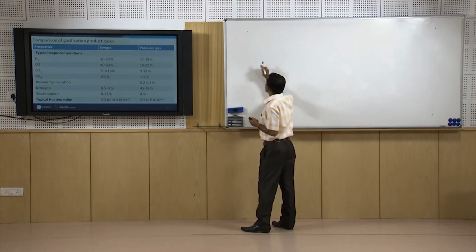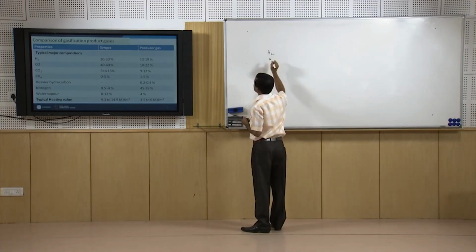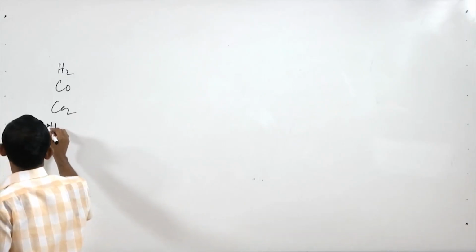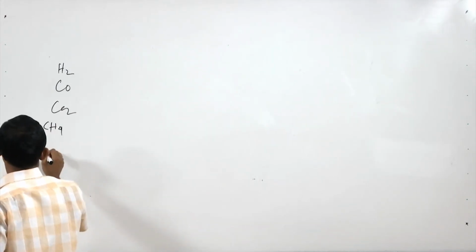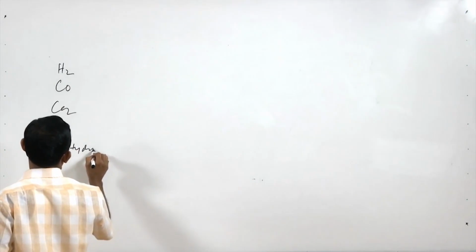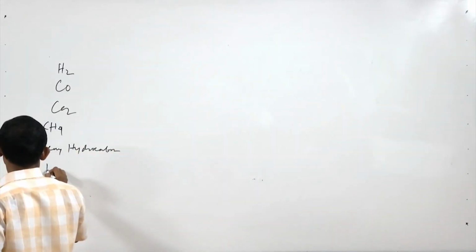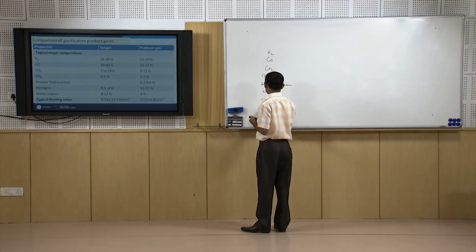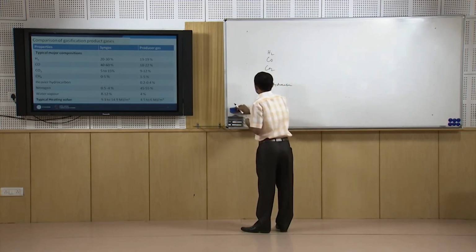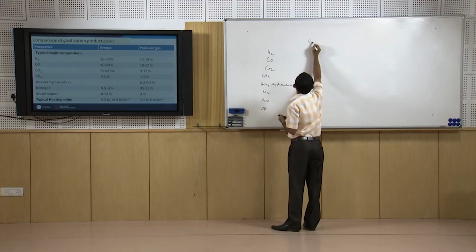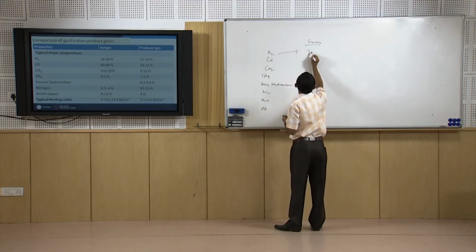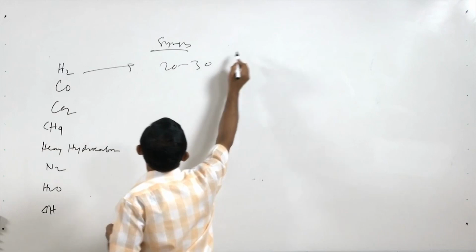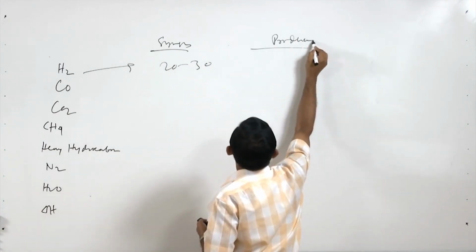If we think about the composition: hydrogen, CO, CO2, CH4, heavy hydrocarbon, nitrogen, water vapor and heating value, del H. For syngas, hydrogen is typically 20 to 30%, and for producer gas 13 to 19%.